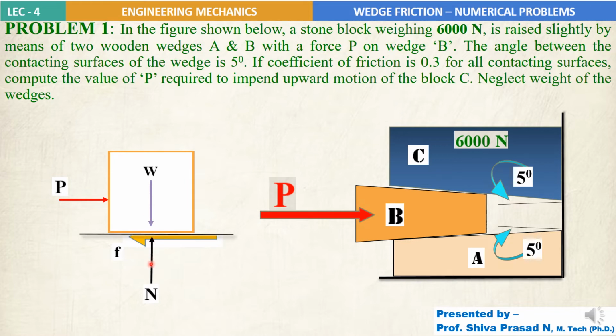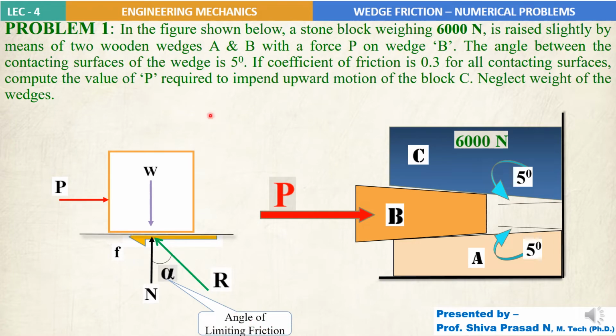Now we had also learned that if we try to find a resultant of the normal and the frictional force, we can represent it by the letter R. And when the frictional force F reaches the limiting frictional value, then the angle between N, that is the normal reaction, and R will be represented by alpha, and it is called the angle of limiting friction.